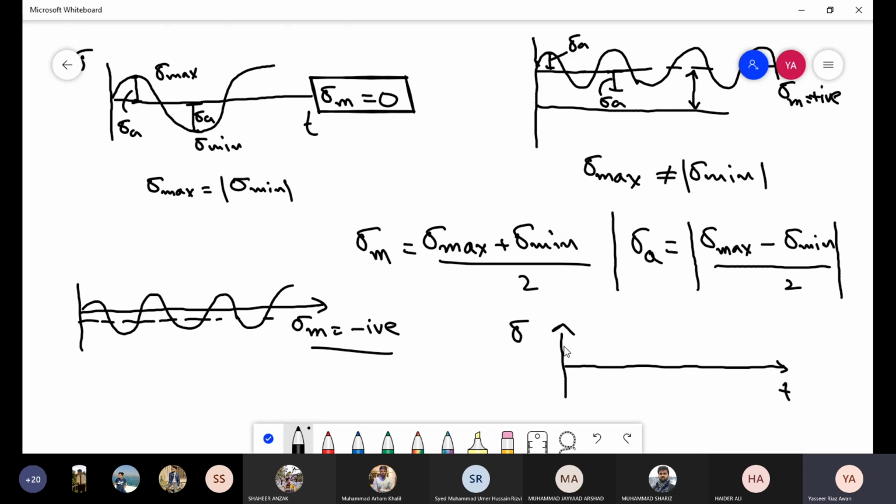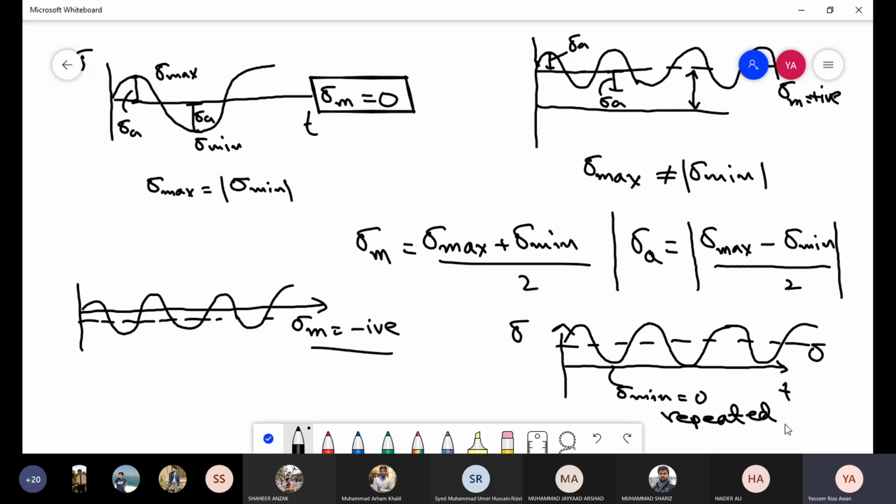Another case is something like this, where we can say this sigma minimum is 0. And this is also called the repeated stress case. So sigma m is positive, but sigma minimum is 0. So that is the repeated stress case.